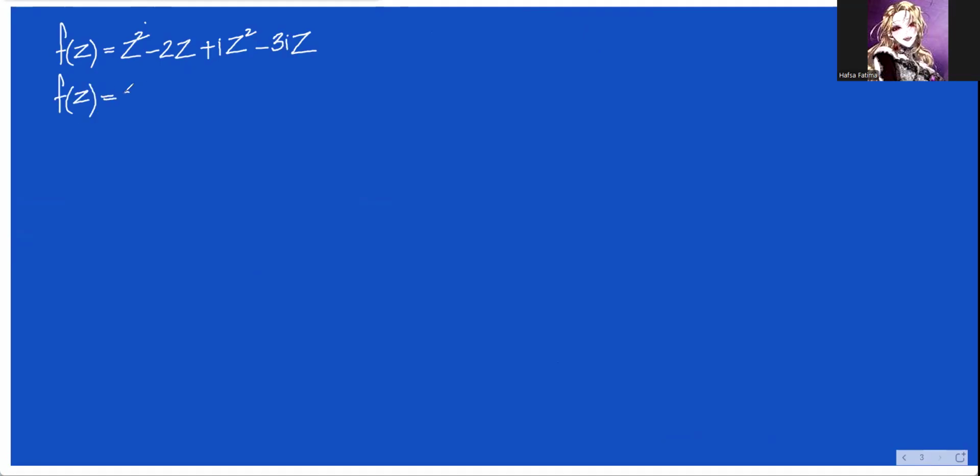The z value is nothing but x plus iy, squared, minus 2 into z, which is again x plus iy, plus i into z square, meaning x plus iy whole square, minus 3i into z, meaning x plus iy.